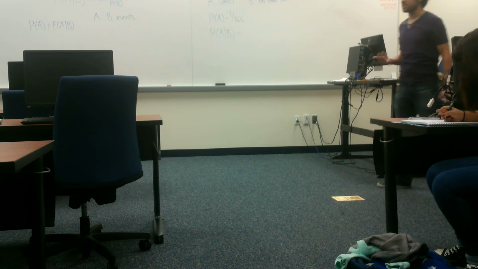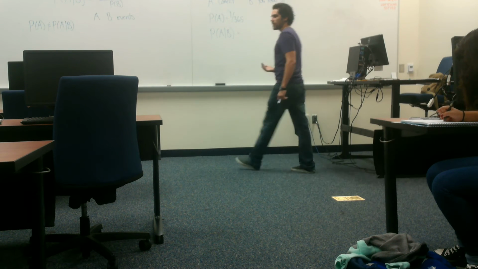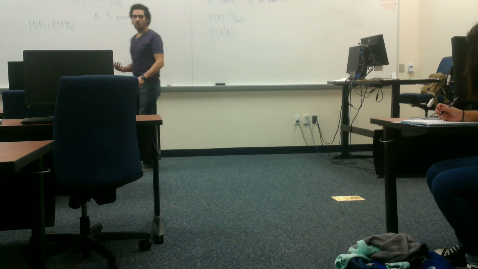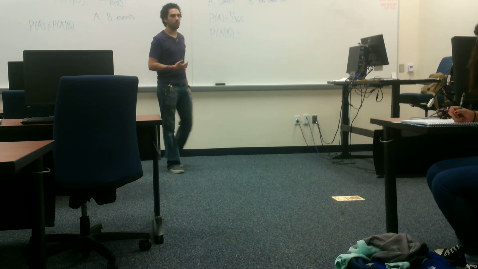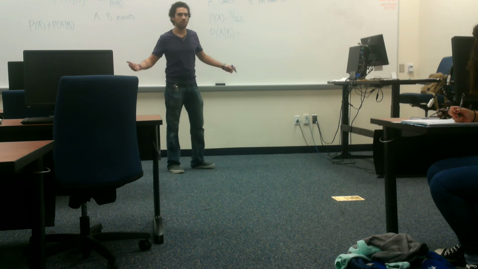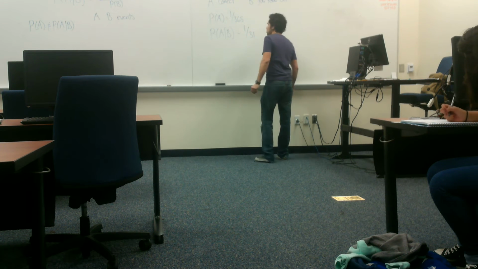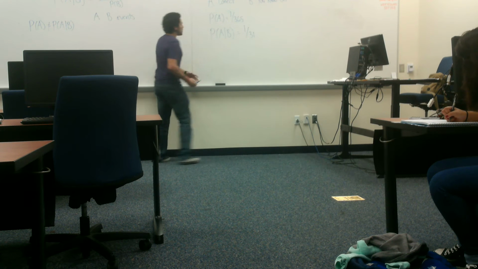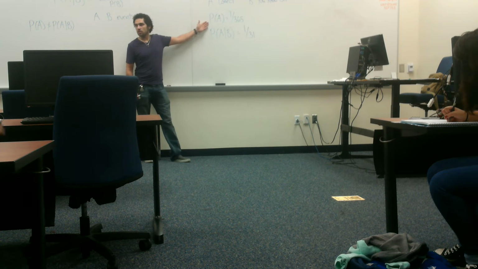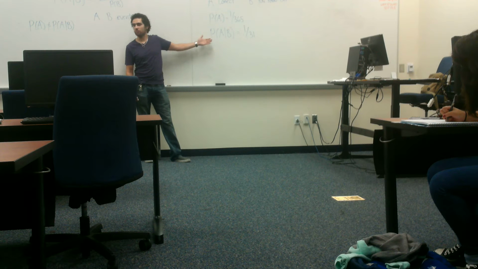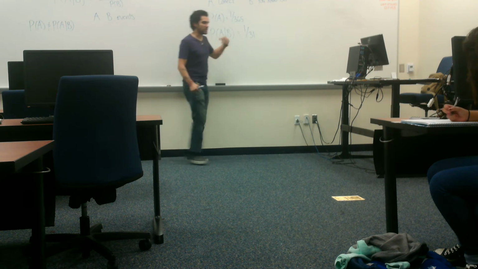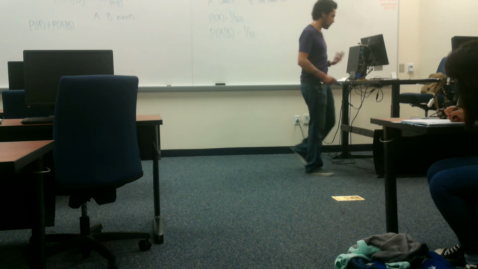Can anyone take a stab at this and tell me, if you know my birthday is in October and you pick a random day, what's the probability that you'll be right? 1 out of 31, exactly. So what we've shown here is that the probability of you being correct changes when you have access to certain information. And that is what is captured in conditional probability statements.